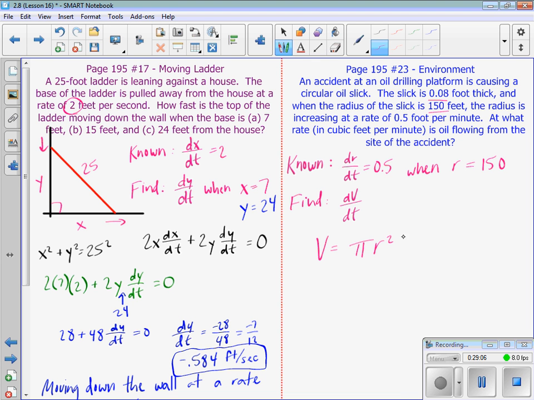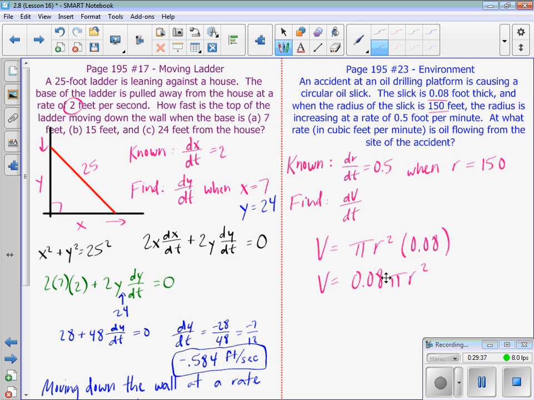And what's the height of this particular one? Isn't it 0.08? Right? Okay, I'm just going to pull that 0.08 out front so it's easier to do the derivative.